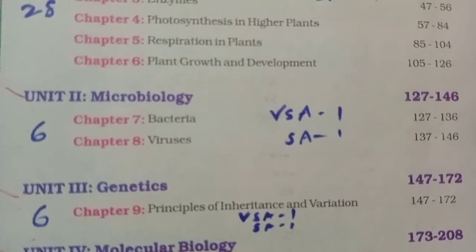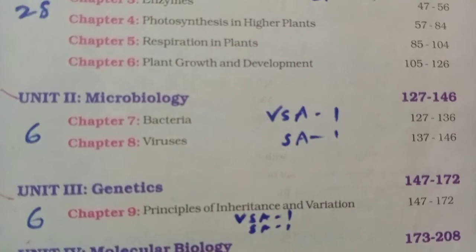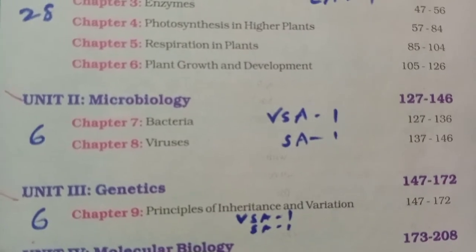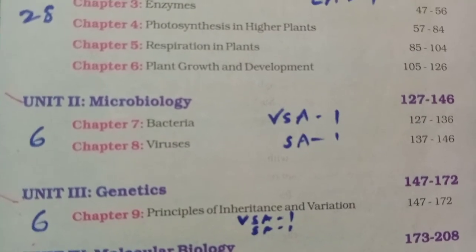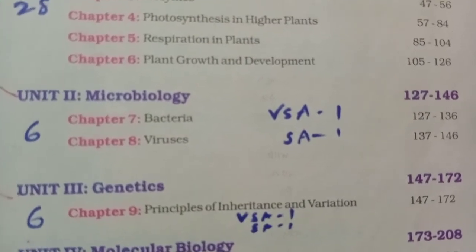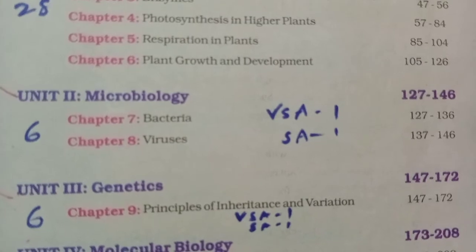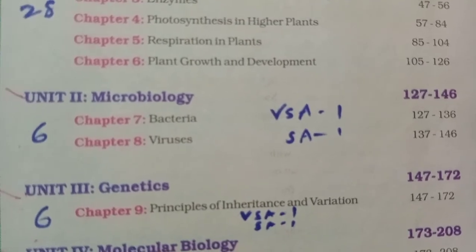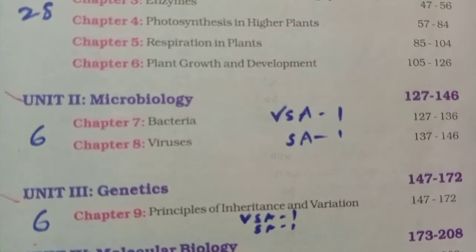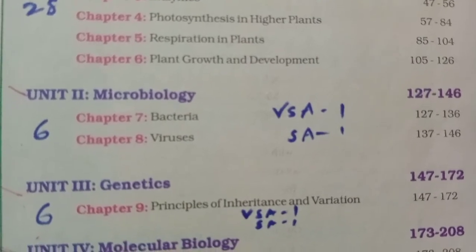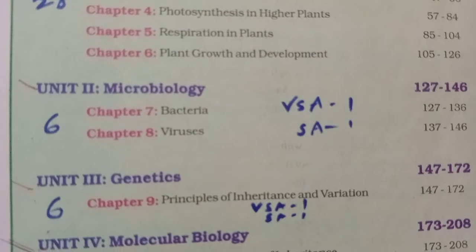About bacteria, who discovered them, what the importance of bacteria is, what the demerits of bacteria are, what diseases are caused to plants, animals and other organisms by bacteria, how antibiotics are prepared, the harmful effects of bacteria, and the helpful features of bacteria. We will study that. Next, go to viruses.